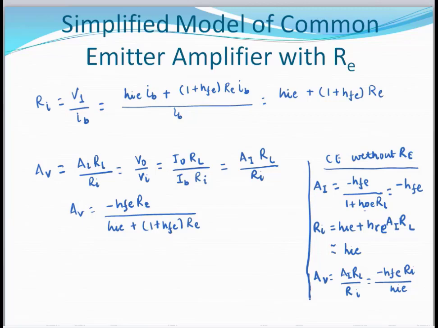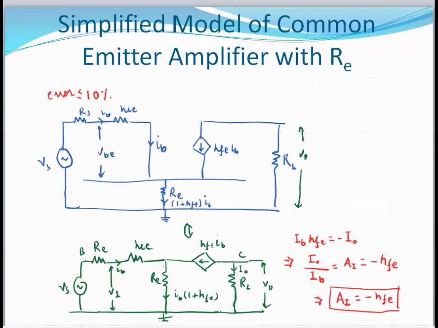Now we will compare this result, common emitter without RE, with the result that we have obtained for the common emitter with RE. If you compare it, then AI is minus of HFE. So this will remain the same. So AI will remain unchanged in case of common emitter with RE and without RE.